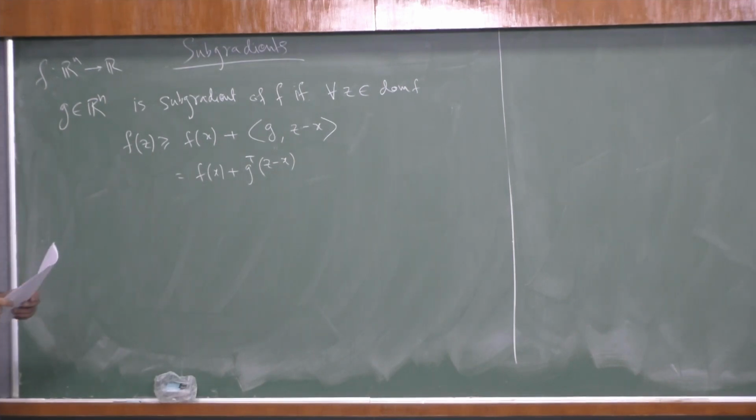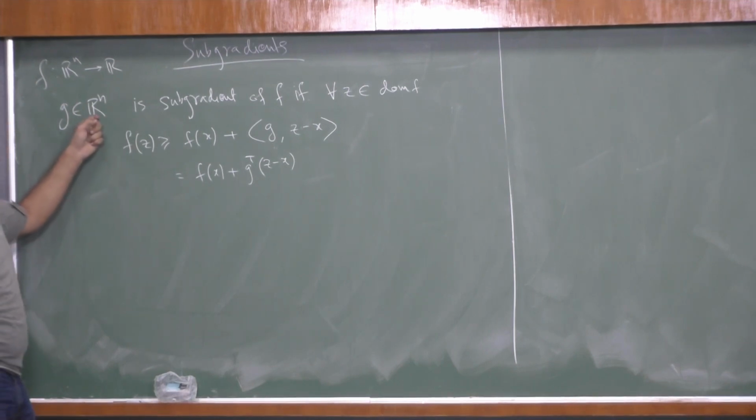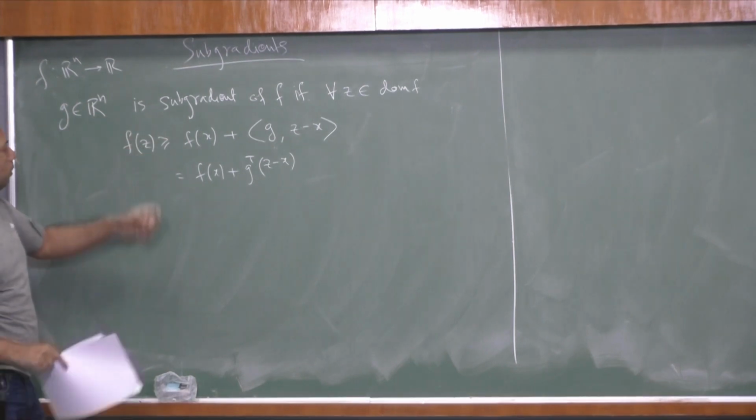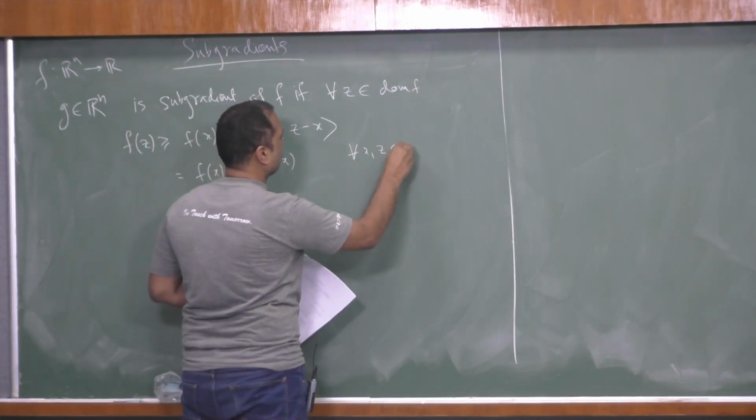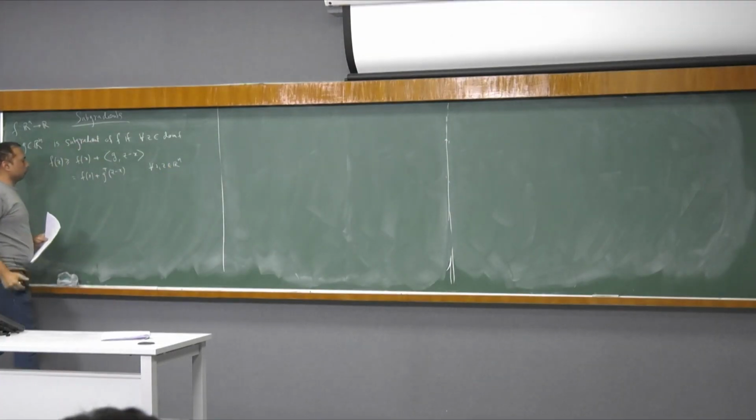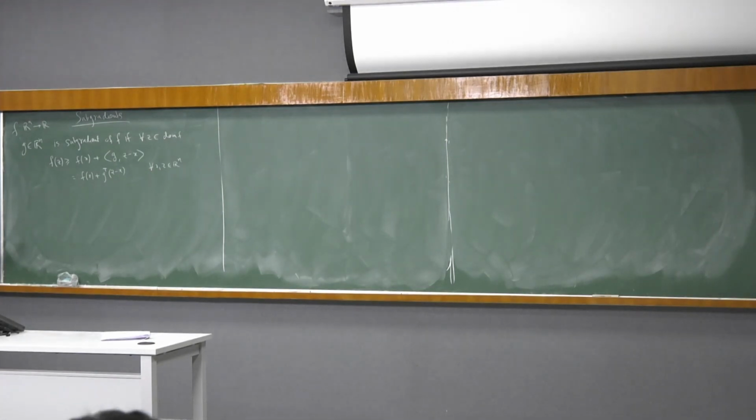Any vector g that satisfies this inequality for all x and z, we will declare to be a subgradient.